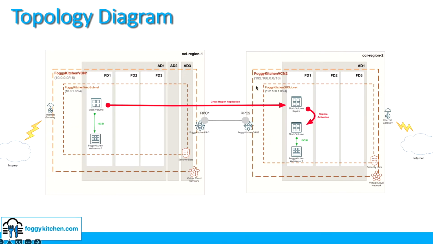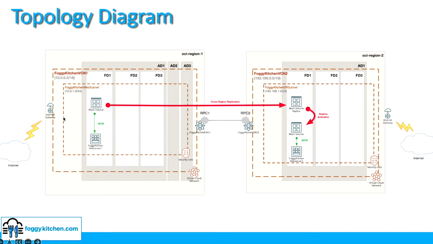Topology diagram. As you can see, we have one region and the second one, and those regions are interconnected through interconnection between DRGs, right? The backbone of OCI. In each and every region, we have VCNs, VCN1 here in region 1 and VCN2 in region 2.